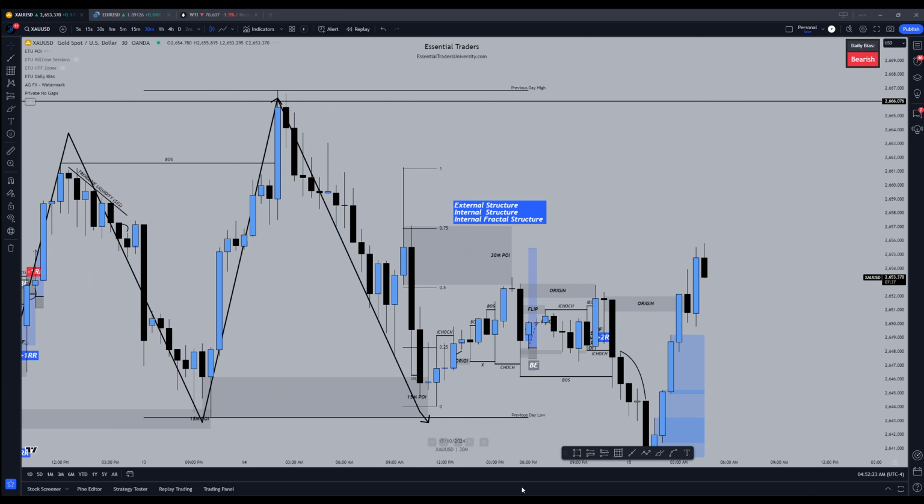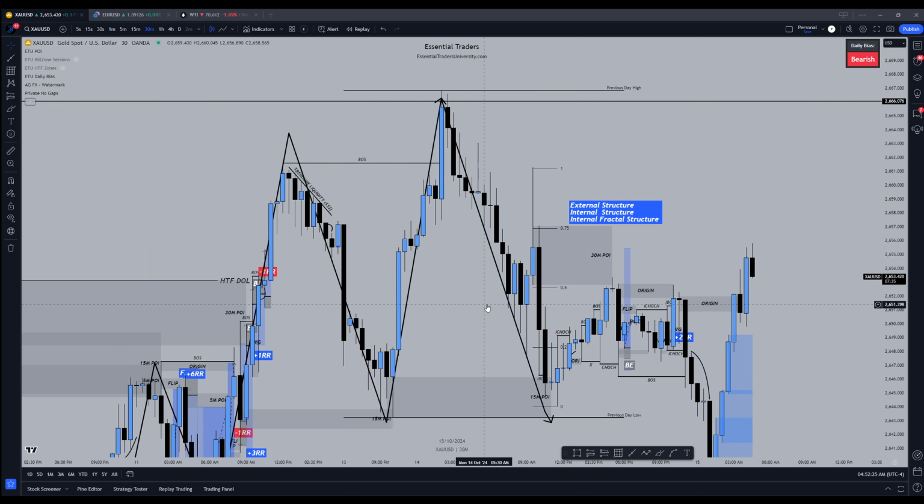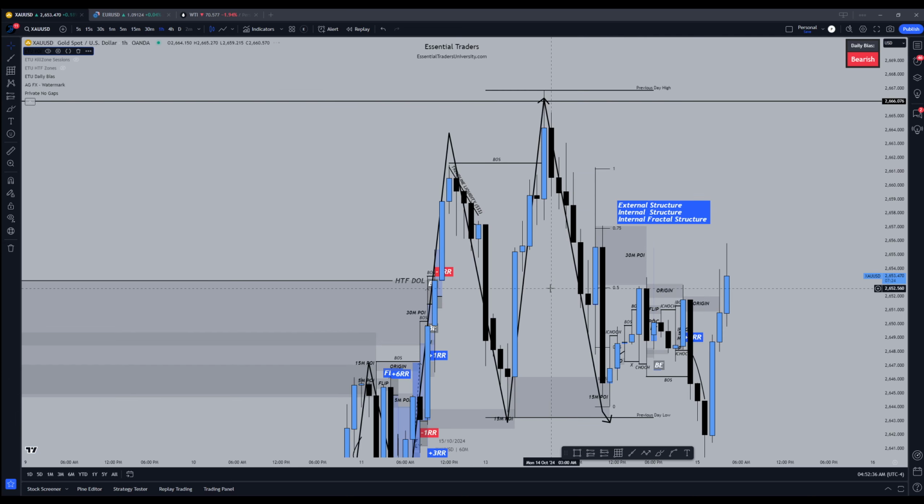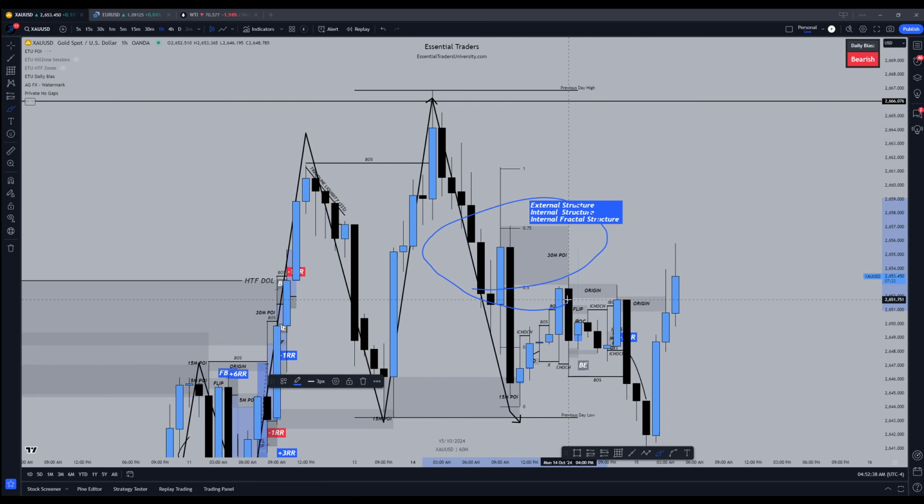Since those PD arrays take so long to form, it's very rare for a new higher time frame PD array to form during your trading session, because most trading sessions are 3 hours long. The kill zones are 3 hours long. So at most you see a 1-hour PD array form, but by then you won't even be taking trades or using it anyway.